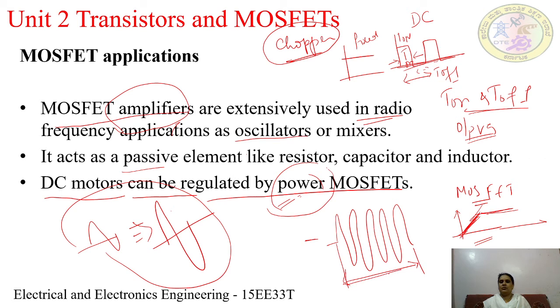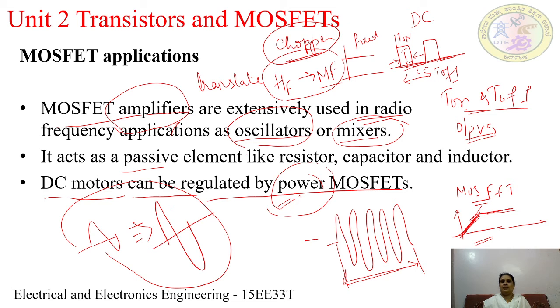To obtain that, we are using the oscillators. Then mixers are the devices which will translate high frequency to medium frequency. So for translation of the frequencies, we are using the mixers.